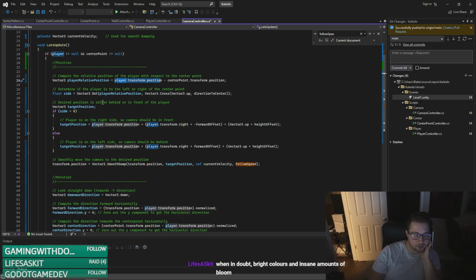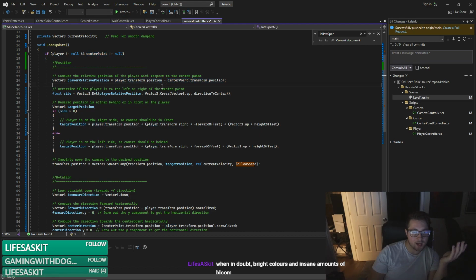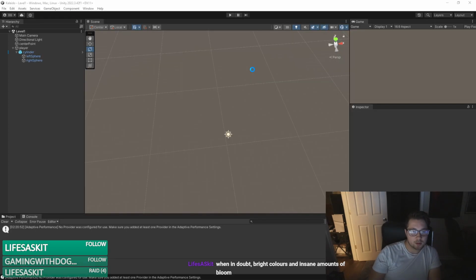No, I guess minus the center. I don't know. Or shouldn't this be center point? The center point is 0, 0. So I feel like this should just be adding. That could be the issue, actually, because it was on the outside and then flipping at weird times. So let's try that.